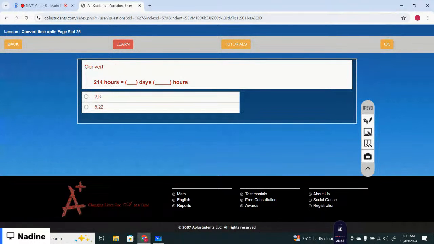214 hours, you need to convert it into days and hours. When you have to convert it into days and hours, you have to divide it by 24 hours. One day has 24 hours. So divide it by 24.